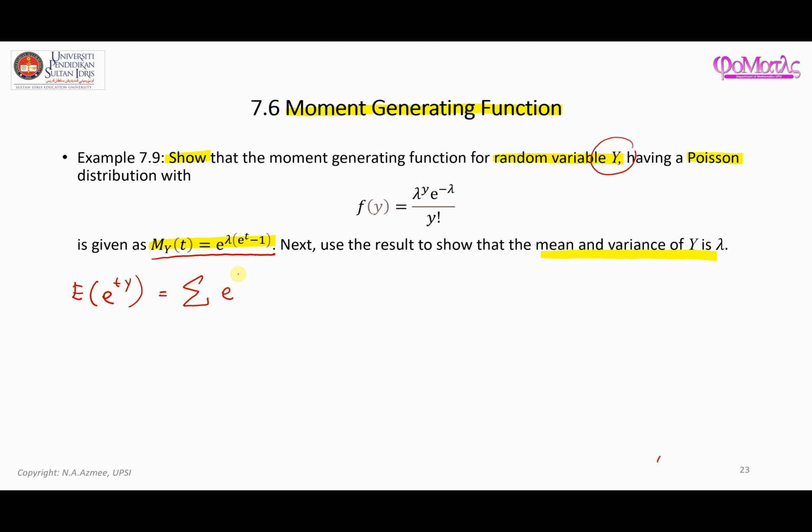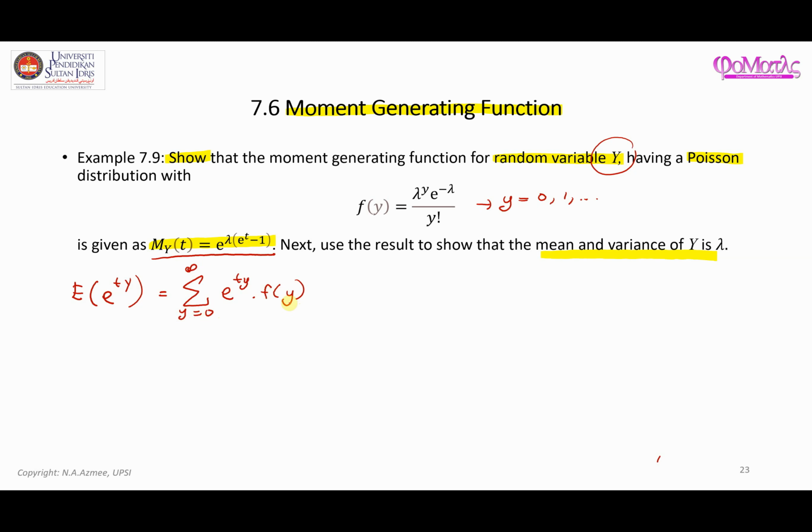Right here is e to the ty, and here will be the probability distribution of y, and we know that if y is a Poisson distribution, y can take values from 0, 1, and it goes on. Therefore, y from 0 until infinity. So that's the starting point.